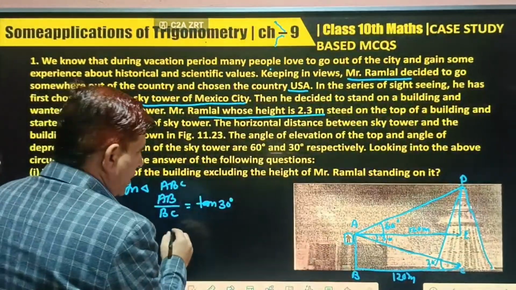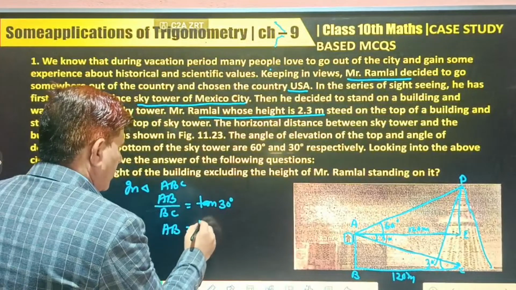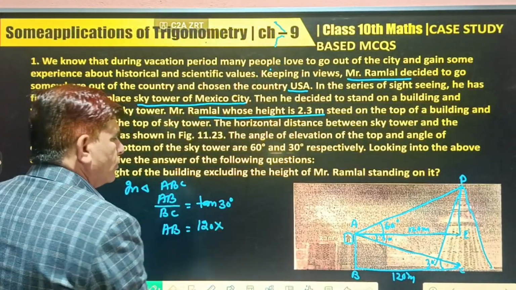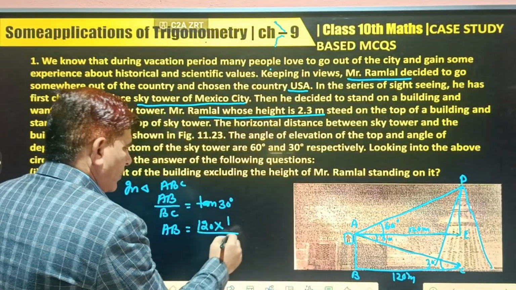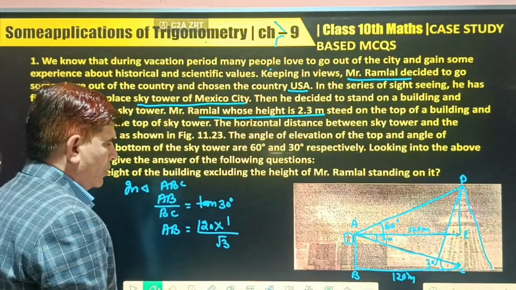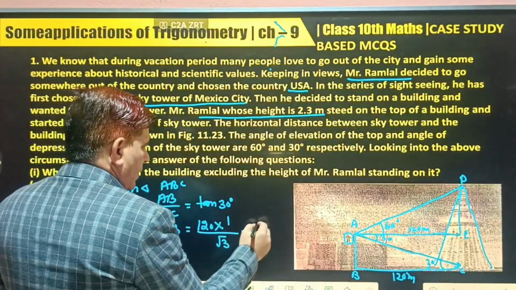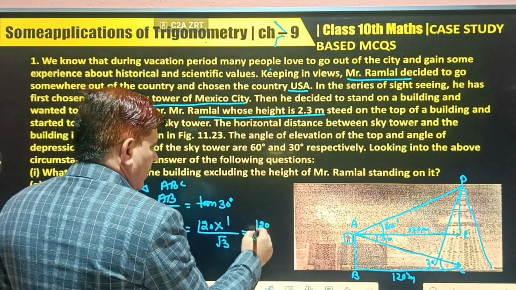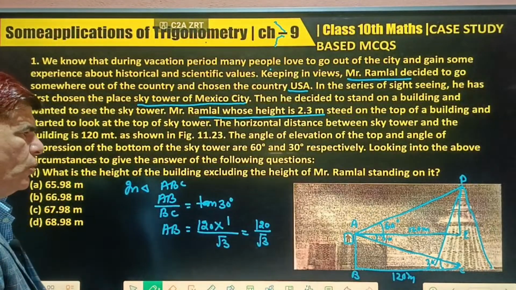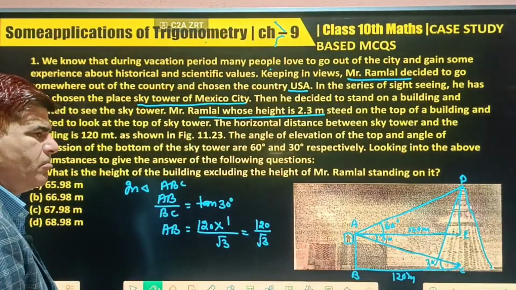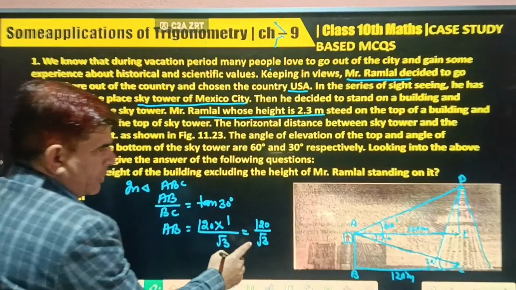So AB equals BC times tan 30, BC is 120, into 1 by root 3. Yes or no? So it becomes 120 by root 3. So we can find AB equal to this.